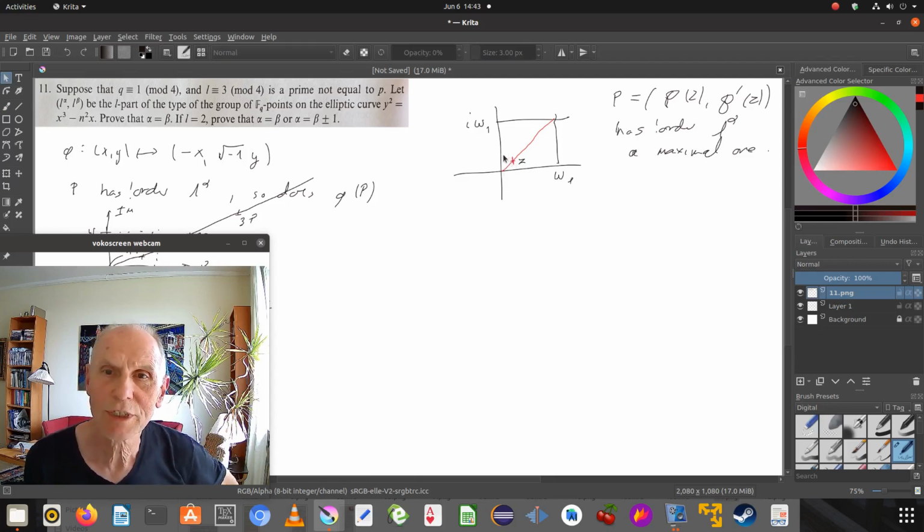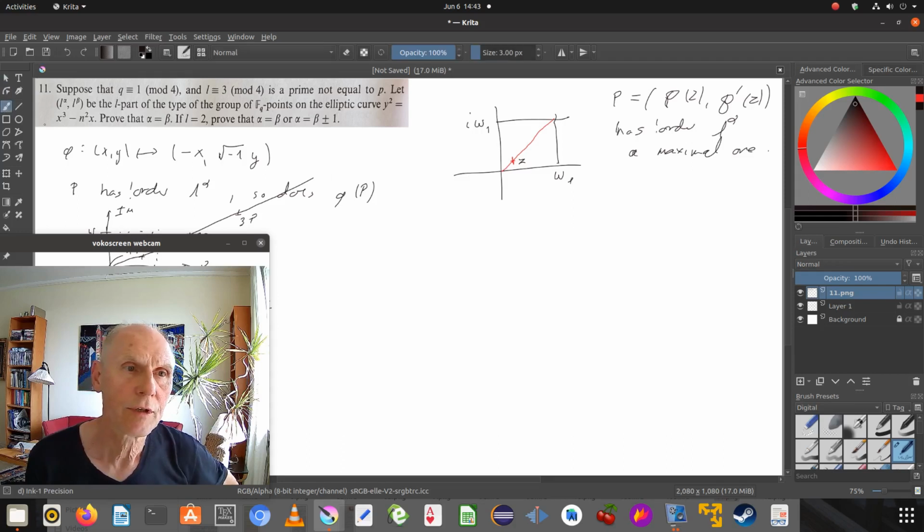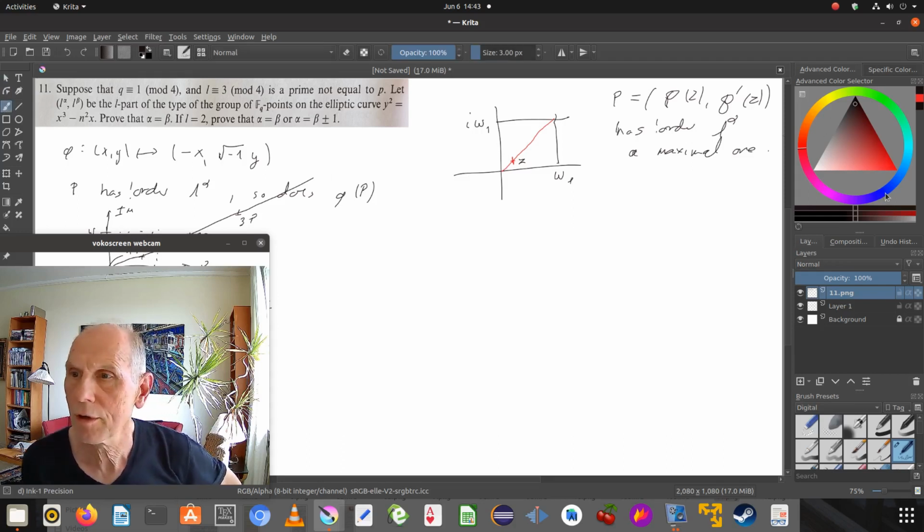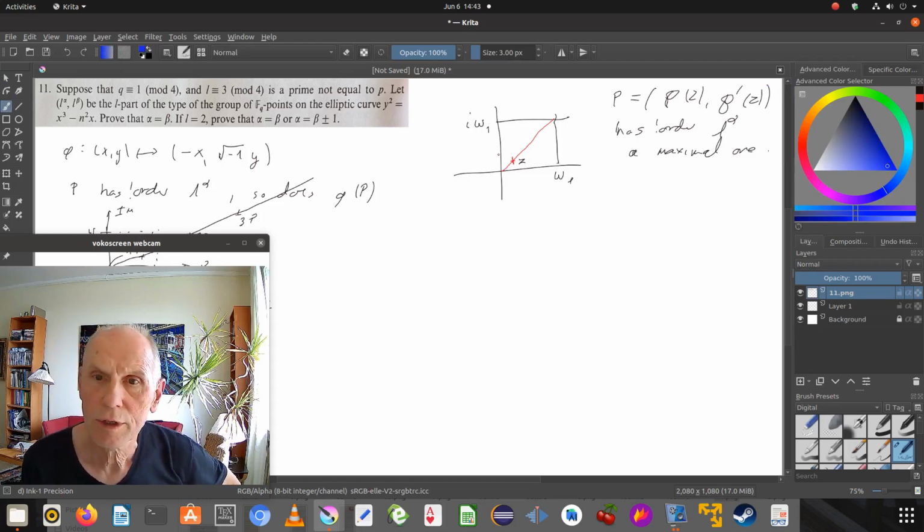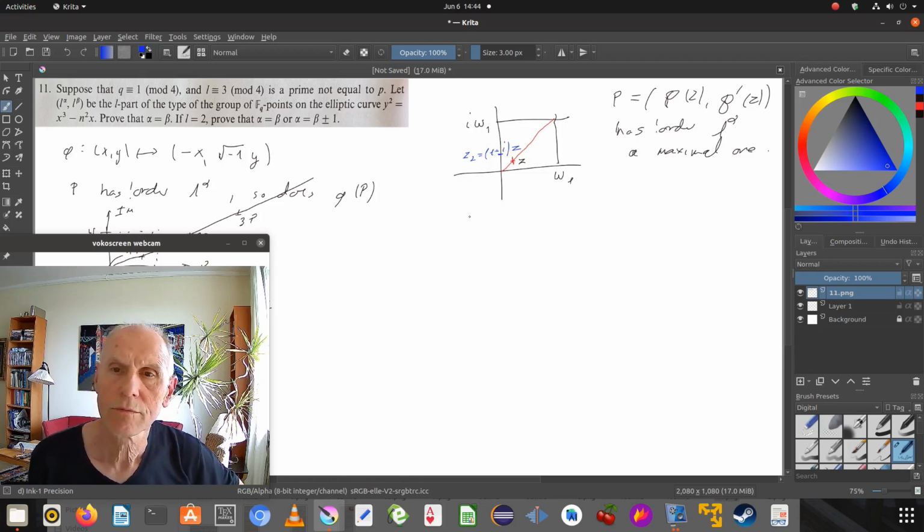Then we use i times z to go into the axis. Let's just go into this axis. So we define a new point here, z2 equals (1 plus i) times z. I wonder what will be the relation of that.